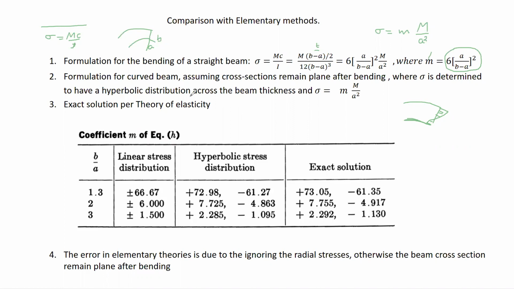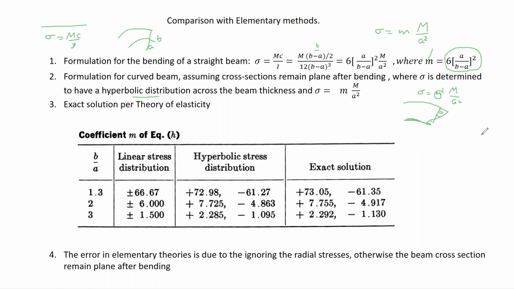And if you look into the hyperbolic distribution, again, that stress could be expressed with the same factor, m over a squared. That n here would be different than n here, but it would be some n prime times m over a squared.